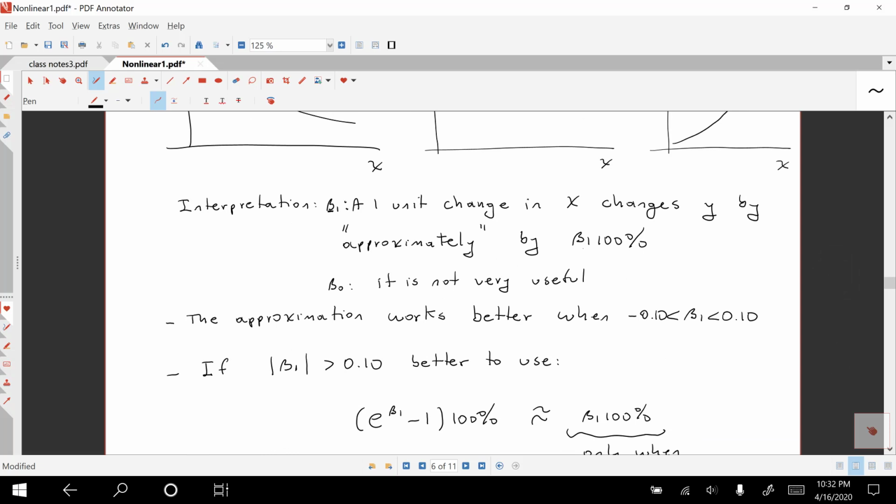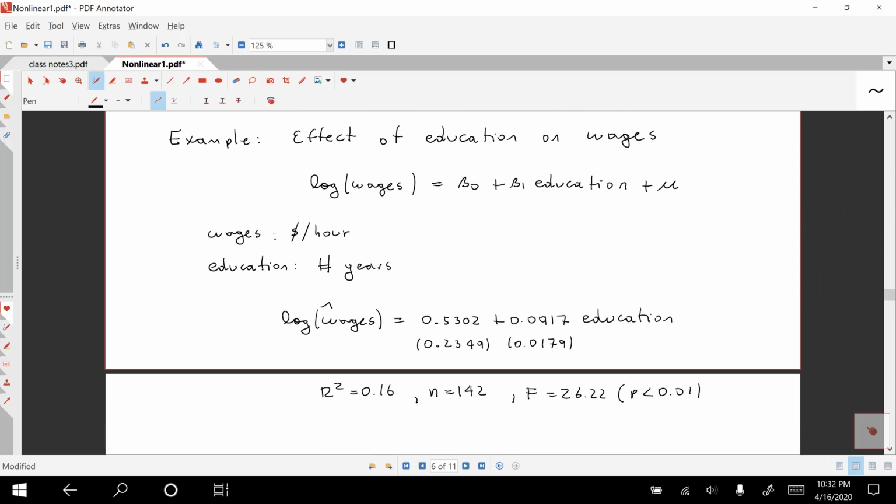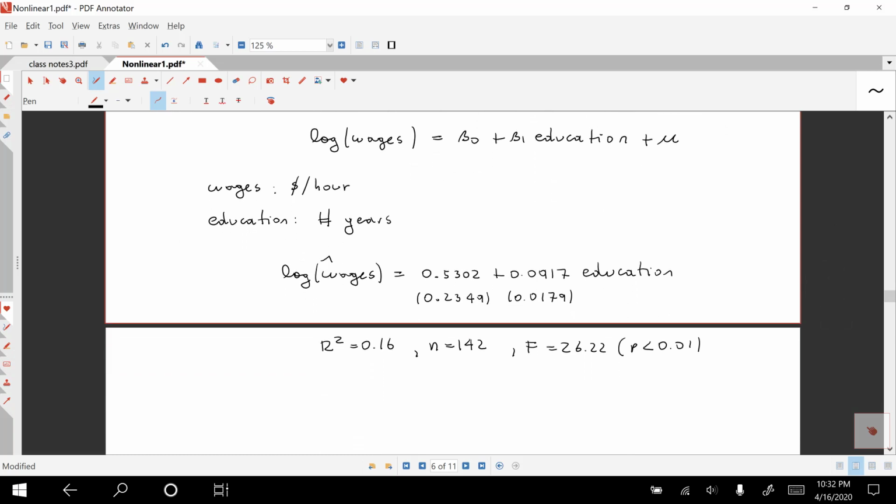Okay, so for beta 1, the way we said to interpret it is that a 1 unit change in x changes y by approximately beta 1 times 100%. There is an extra "by" there. If I was in class, I would ask you to help me with this interpretation, given the fact that we got 0.0917. A key thing to remember here is that since we don't have education in logs, we're looking at the effect of an additional unit of education.